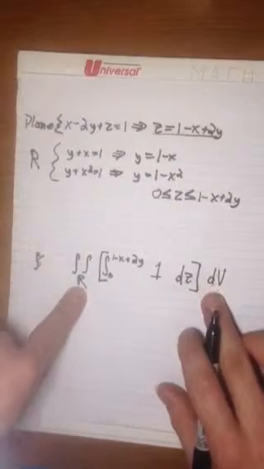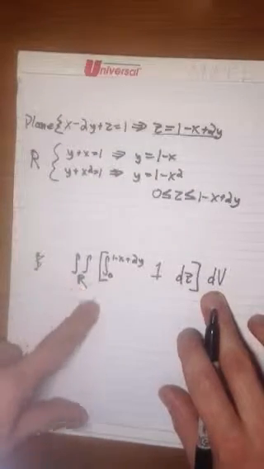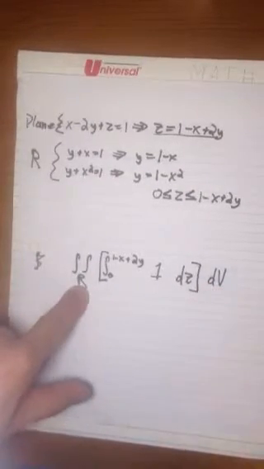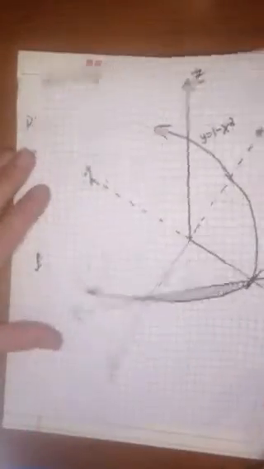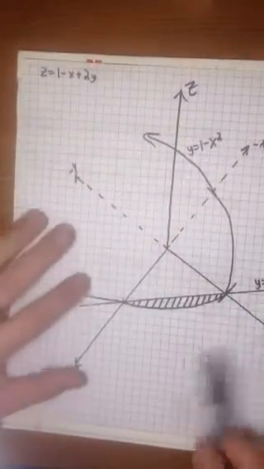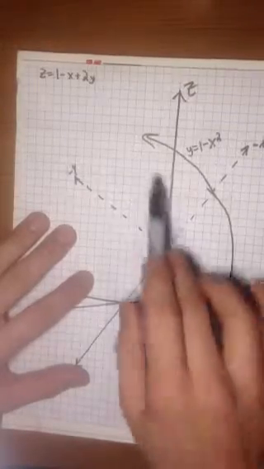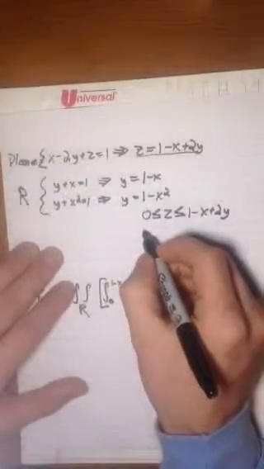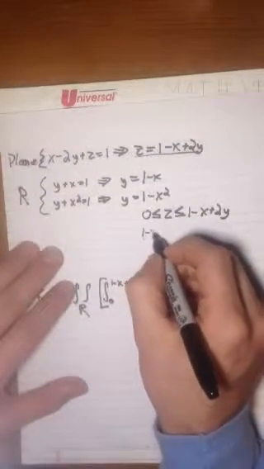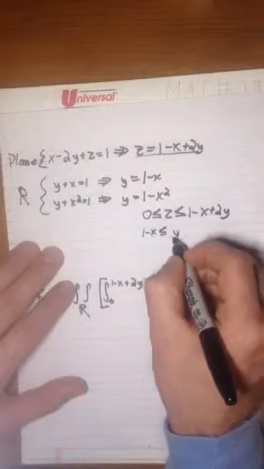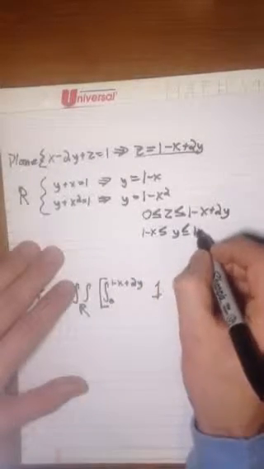Now we got to figure out what our region area is in 2 space. That shouldn't be too hard. We have, what's our lower bound here for y? 1 minus x. Our upper bound is 1 minus x squared. So we know 1 minus x is less than or equal to y, less than or equal to 1 minus x squared.